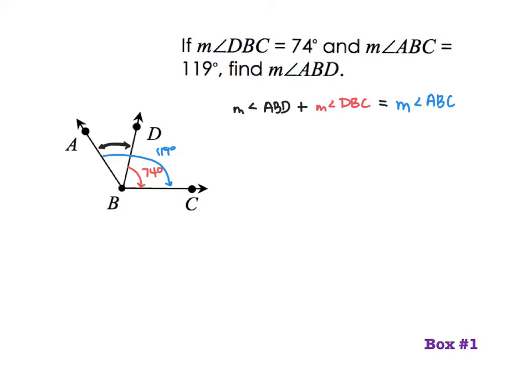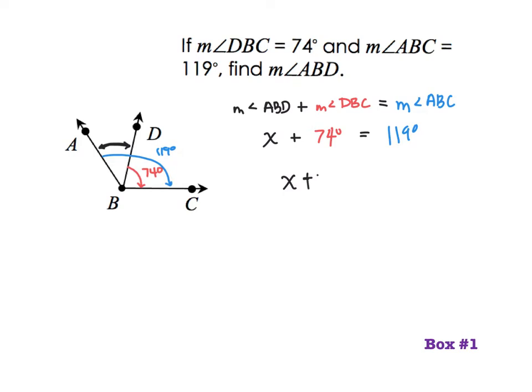The only one I don't know is the measurement of angle ABD, so I'm going to call that X, plus the measurement of angle DBC, and I'm going to call that 74. If you're wondering why I'm saying it's 74, it's for 2 reasons: I have it in the diagram, and it's also the statement that was given. That is equal to the measurement of angle ABC, the whole thing, which happens to be 119. Now I'm going to rewrite it using numbers.